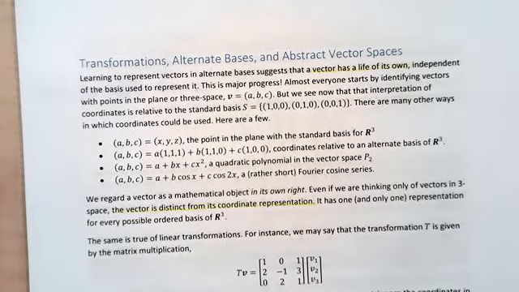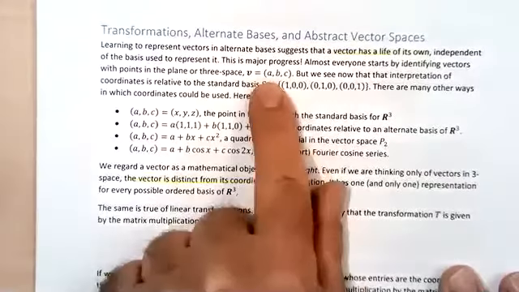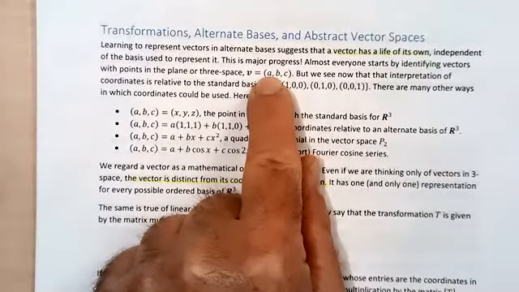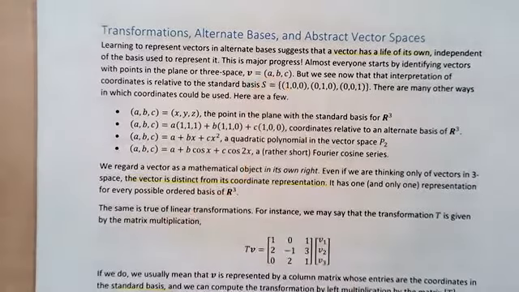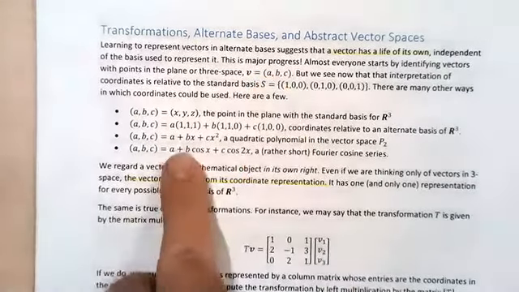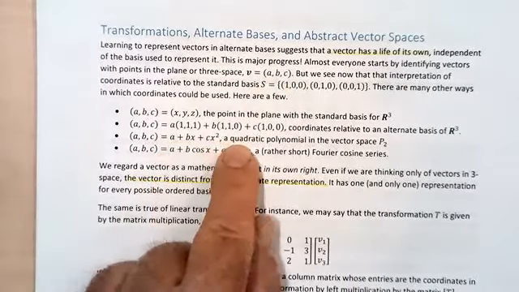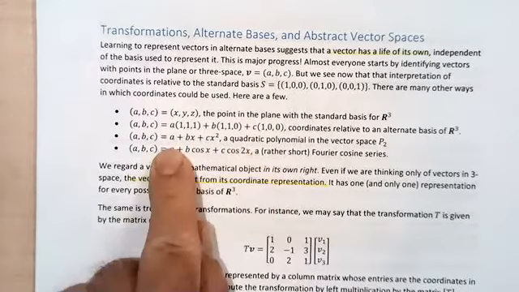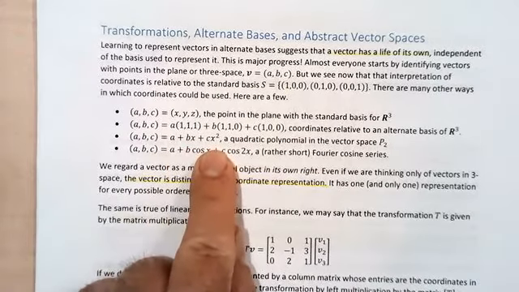So the point is this: if you see a vector ABC, to know exactly how you interpret that, you have to know what the basis is. So for instance, if we were working in the space of second and lower degree polynomials, it might stand for a plus bx plus cx squared, a quadratic function.